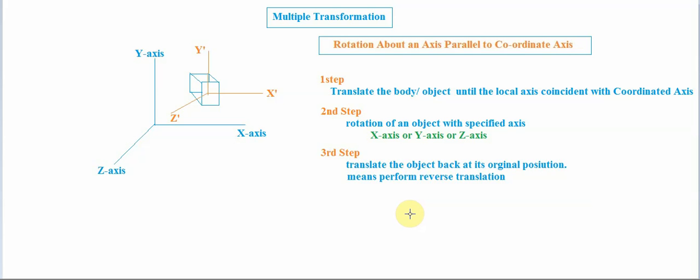Means what? See here, in this example what we have done, we have performed multiple transformations. First what we have done, we have done the translation. So how did we do the multiple transformations?